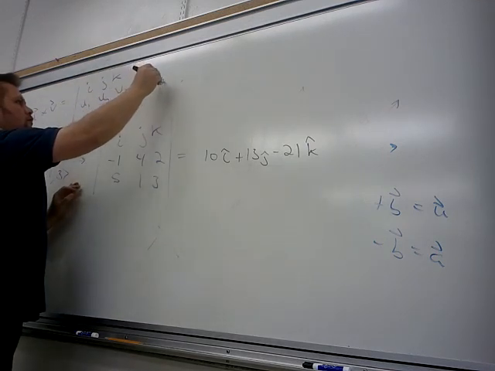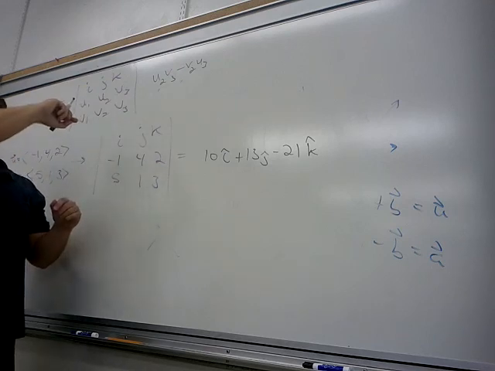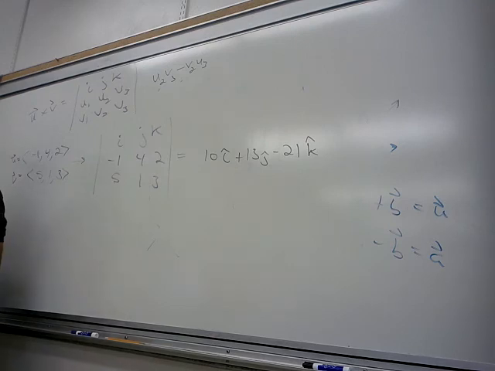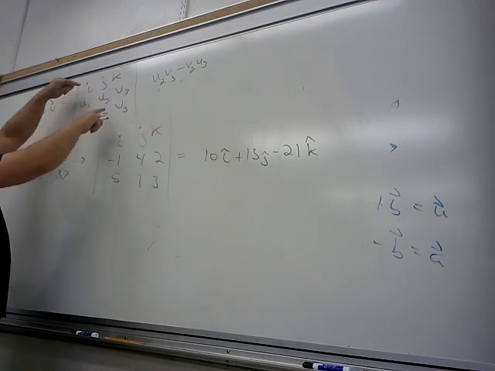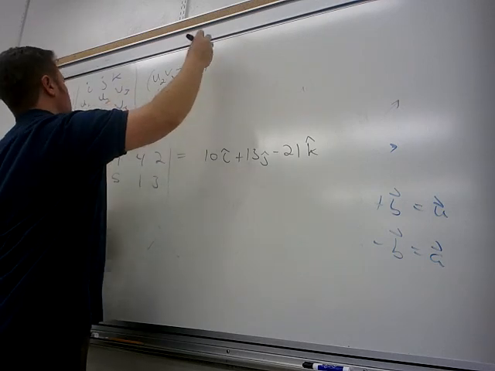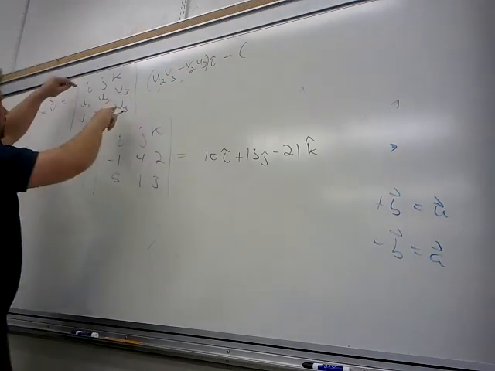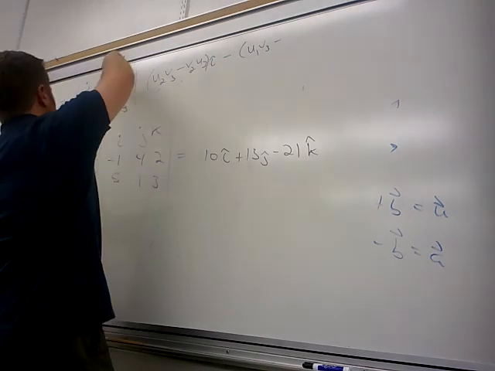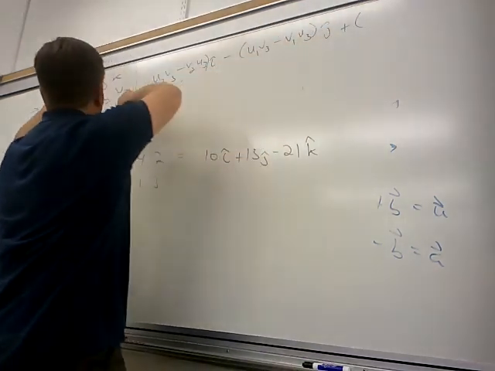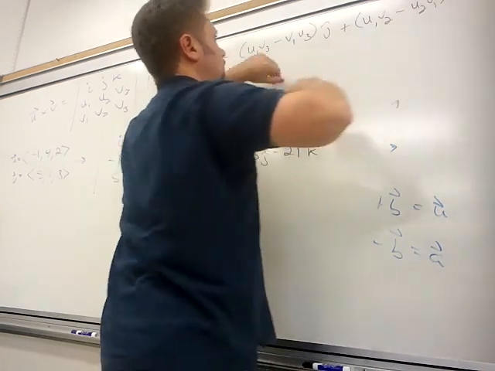I find the box less confusing. It's U2V3 minus V2U3, multiplied by I hat, minus U1V3 minus V1U3, J hat, plus U1V2 minus U2V1, K hat. This is going to be unsatisfying, but you asked for it.